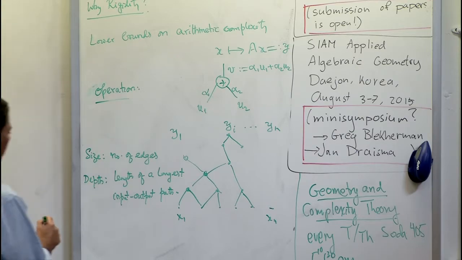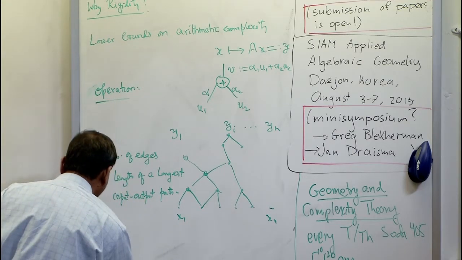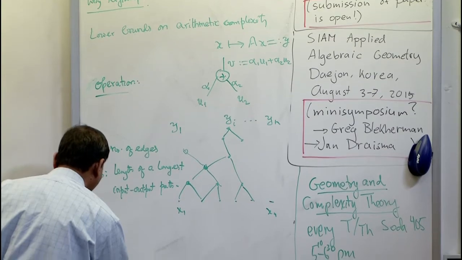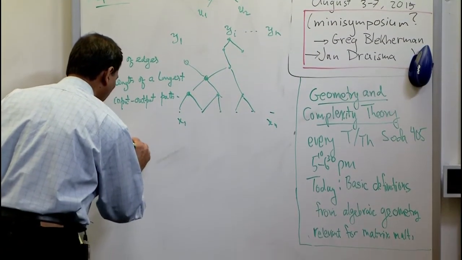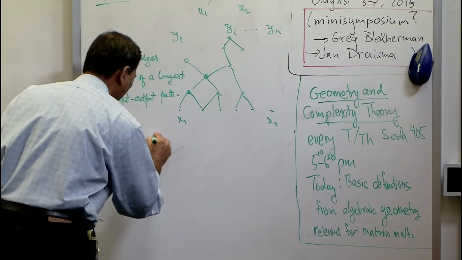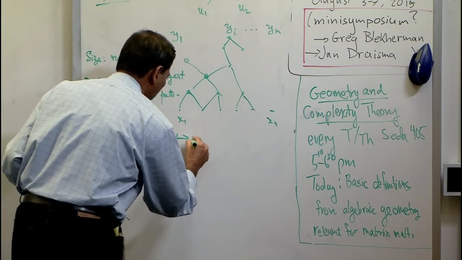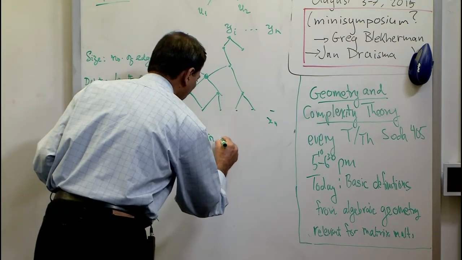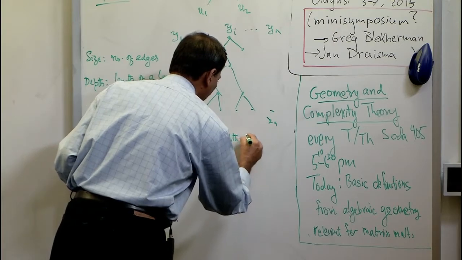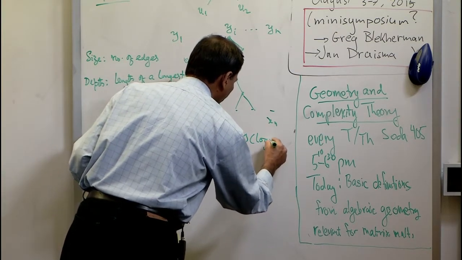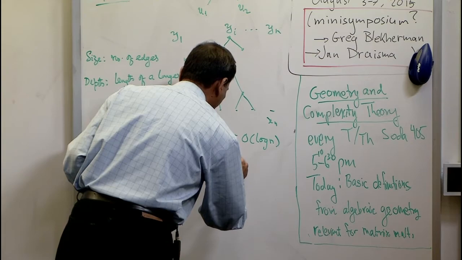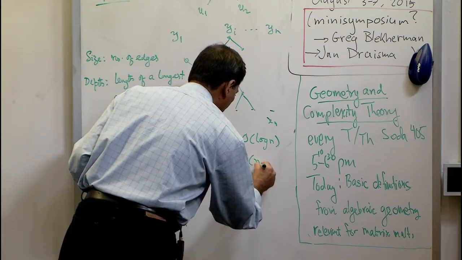All right. So now it's easy to see that for all n by n A, you can compute this in depth order log n and size order n squared.